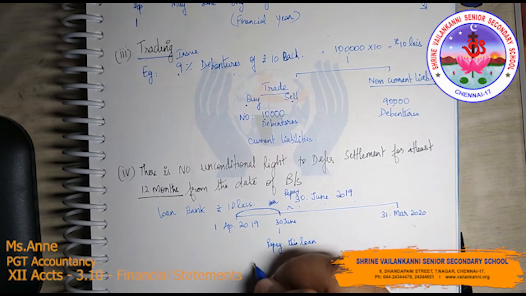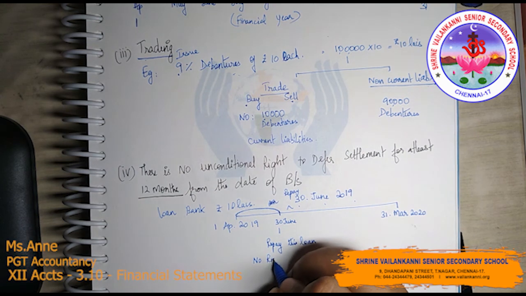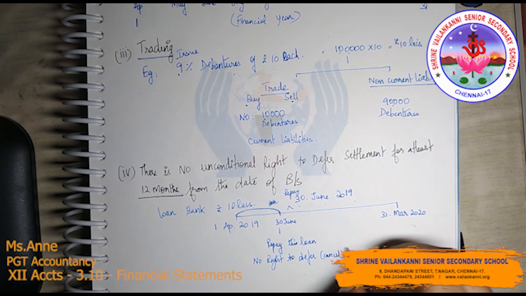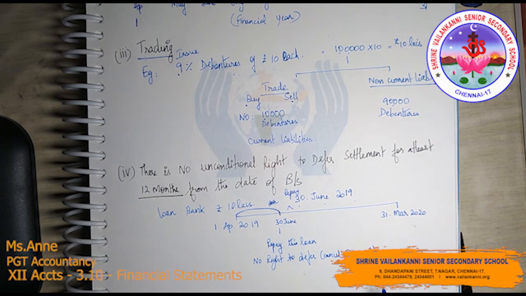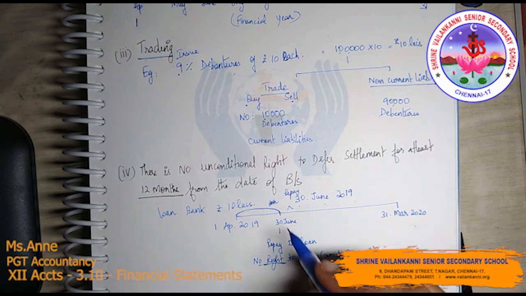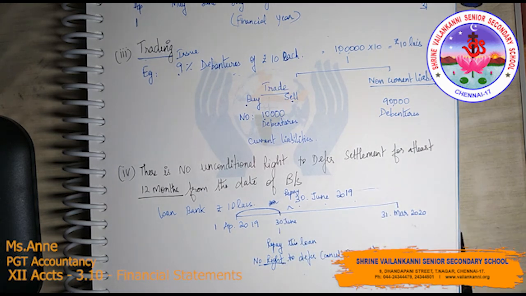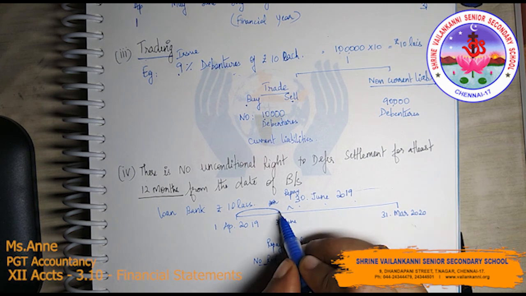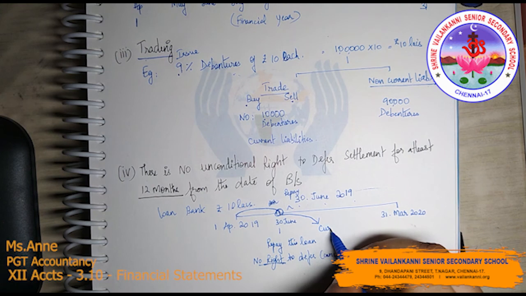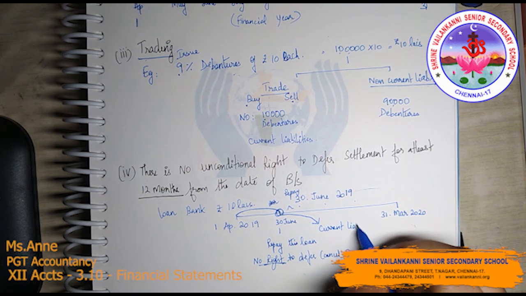And you have no right to defer, that is, to cancel or postpone payment. The bank has not given you any right to give excuses saying that you want to postpone the payment. So you need to pay this. Then this particular payment will be treated as current liabilities.